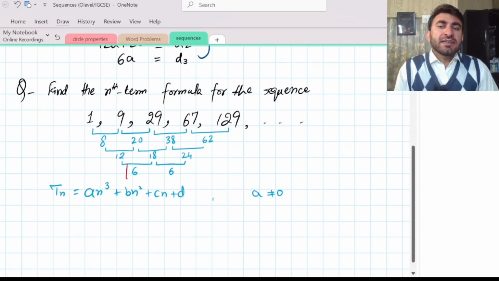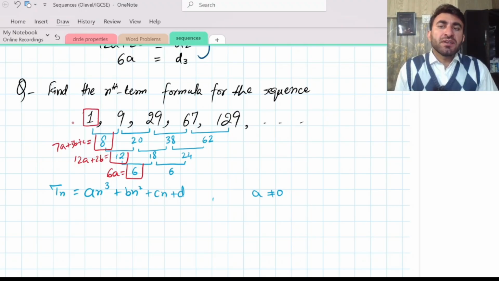We know that the third difference d3 equals 6a, while the second difference d2 equals 12a plus 2b. The first difference d1 equals 7a plus 3b plus c, and the first term of the sequence t1 equals a plus b plus c plus d.